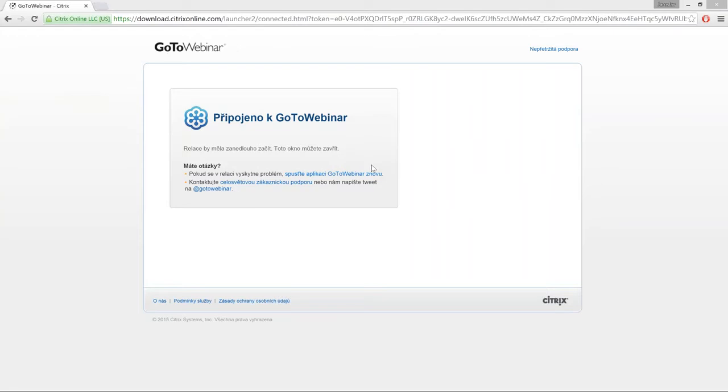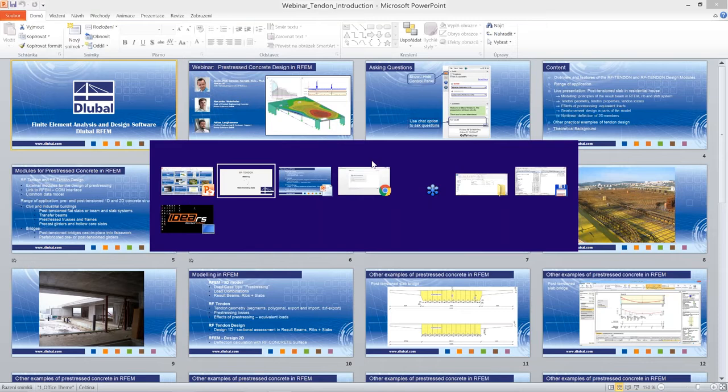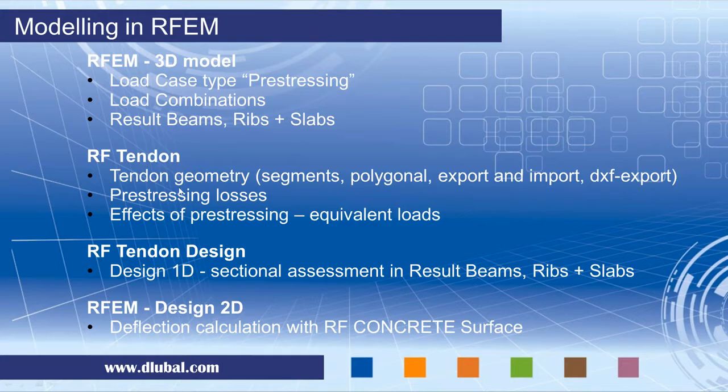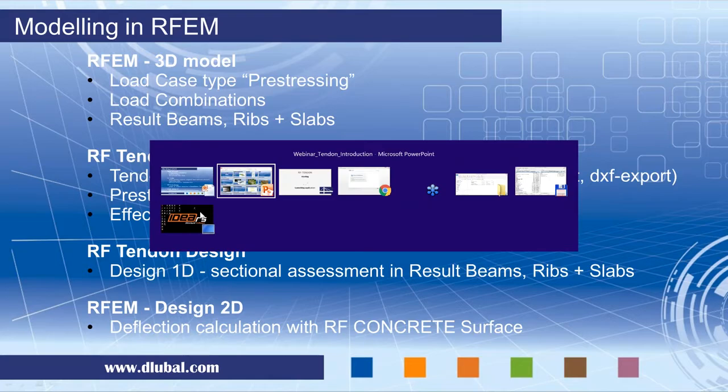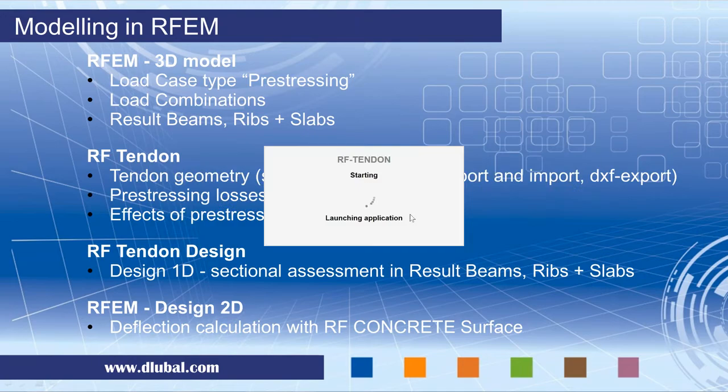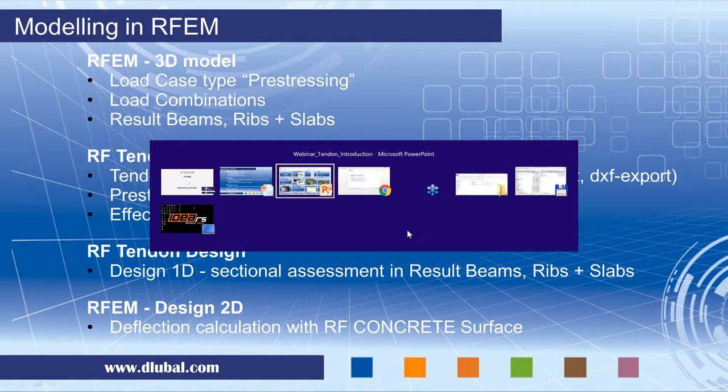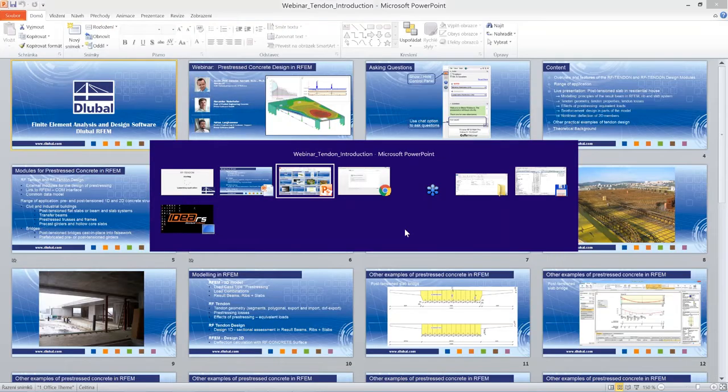Sorry. So next, what I want to show is the RF-TENDON and the functionality of RF-TENDON, like tendon geometry, pre-stressing losses, and effects of pre-stressing. All the data from the model is uploaded to the external module, and we will see this shortly.